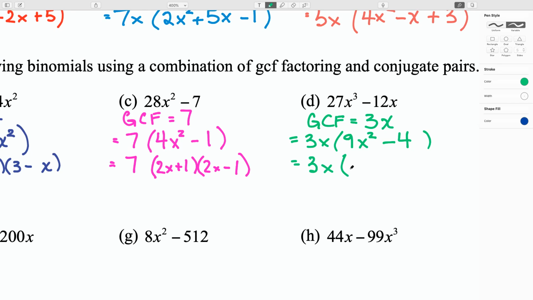Bring down your 3x and set up your 2 sets of parentheses. The first term in both parentheses will be 3x, because 3x times 3x is 9x squared. We'll put different signs, and the square root of 4 is 2. And we're done.